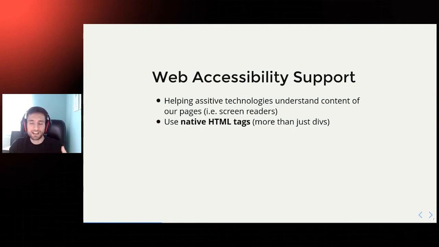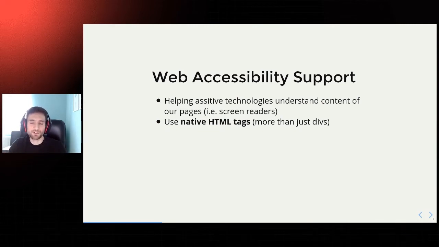Even if you create a div that looks like a button and works like a button, for assistive technology it's not a button, it's just a div. So instead of doing such workarounds, it's best to use native HTML tags like buttons, headers, mains, all sorts of things that we have available in HTML nowadays.